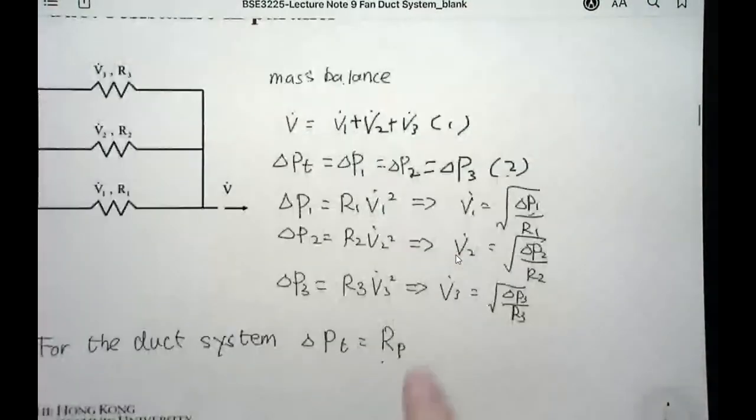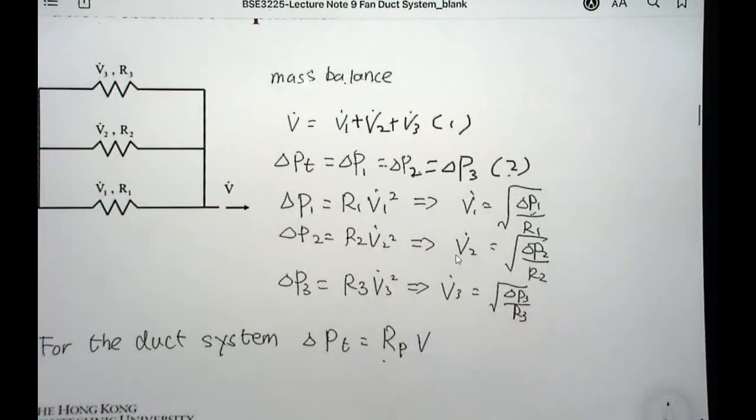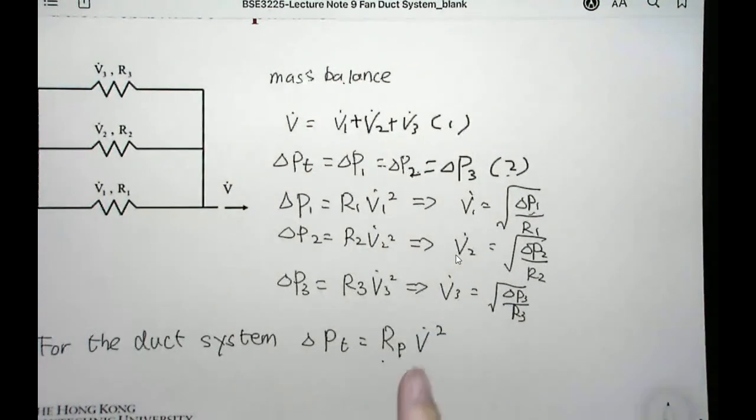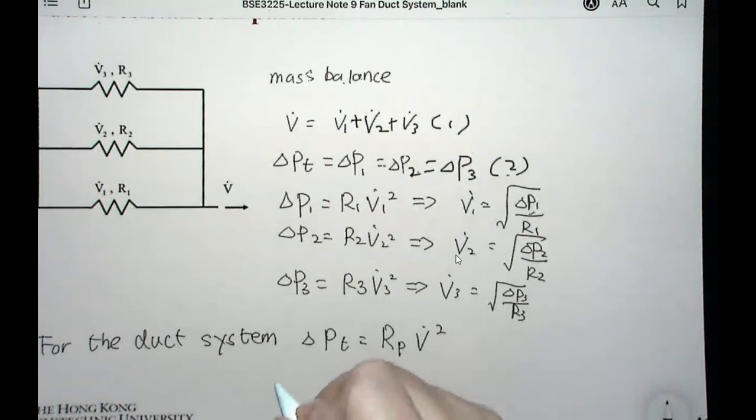Okay. So from the expression, it's actually delta P total equals R times V dot squared. For the duct system, this is a predefined expression from the definition of the duct resistance.